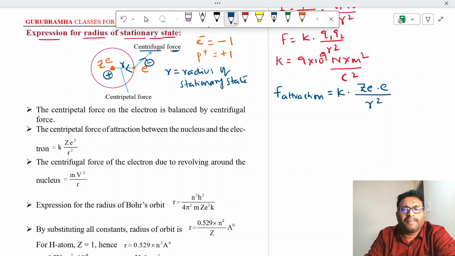The centripetal force is nothing but the force of attraction between nucleus and electron. So centripetal force is equal to K into Z into E gives Z square by R square.